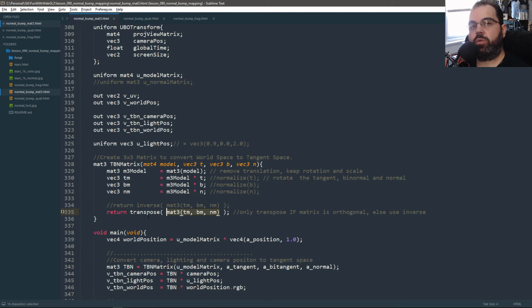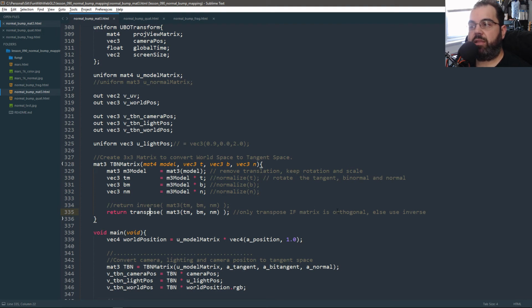We want to go from world space to tangent space because we want to move our world position and our light position into tangent space, so we can use the tangent normal with our calculations. So like I said, this is from tangent space to world space, and then as long as that's orthogonal, we can do a transpose which inverts it, so we'll go in the other direction.